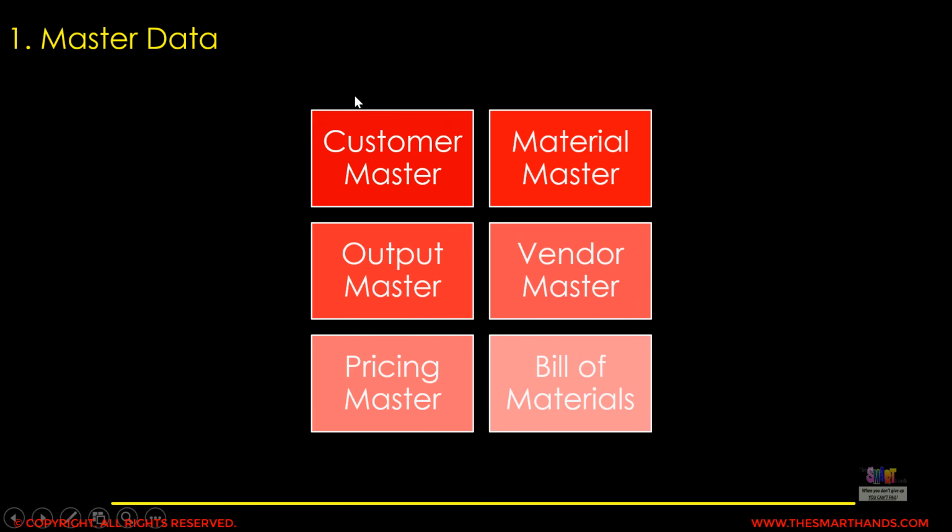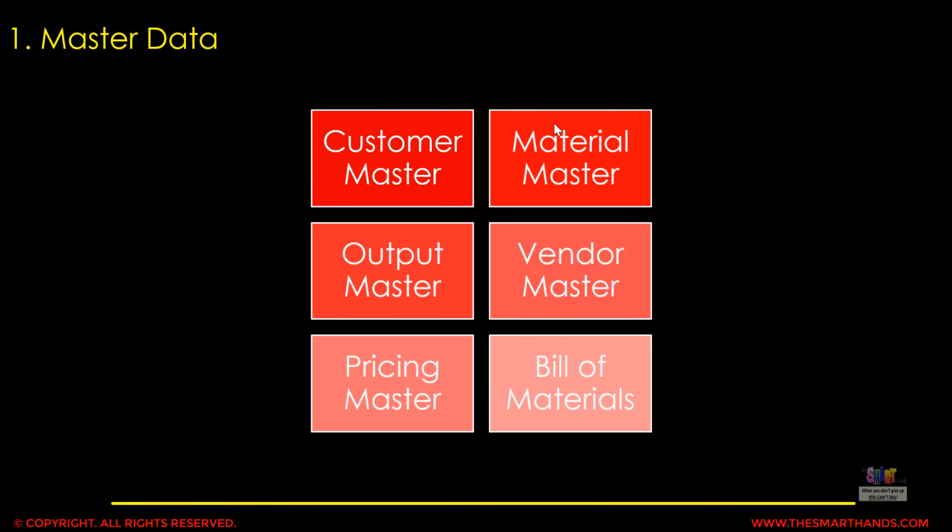So for example, we will create, say, material master data. So we'll create a material code once in the system, and that will be used by, for example, the sales order. When we enter the code in the sales order, the system will be pulling all the details from the master data. So if you're creating, say, a purchase order, then the system will be pulling all the data.